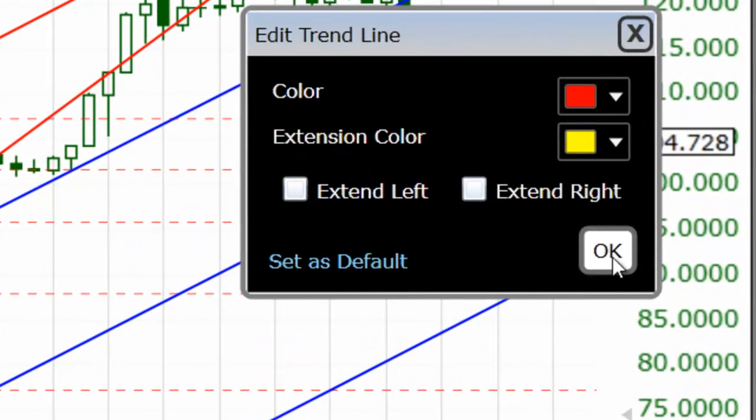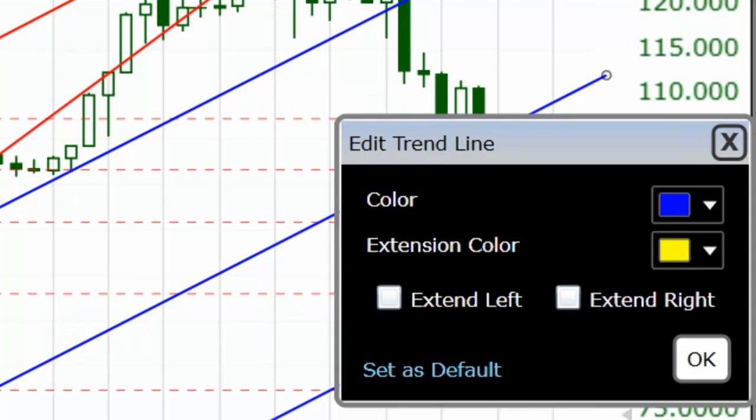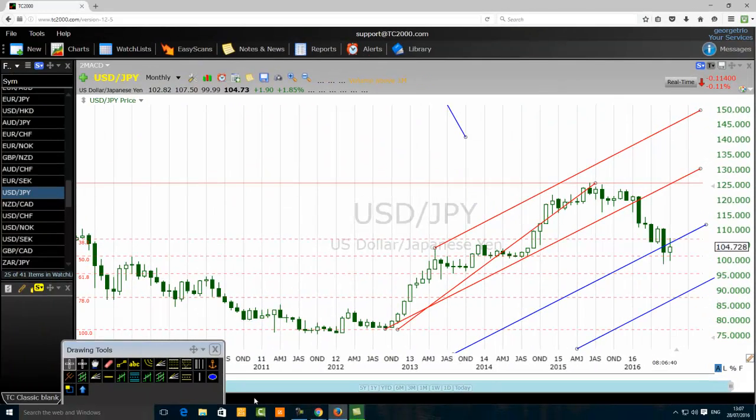From 2013 up to 2015, here it is, so that's a red channel, you can see on my chart. The price was in that rising channel from 2013 to 2015.